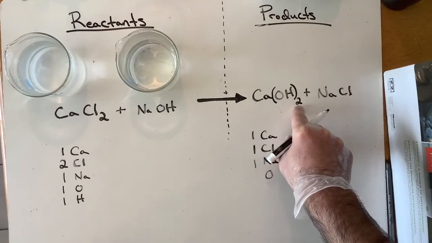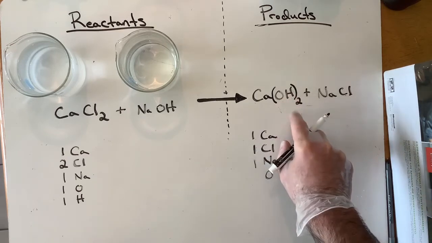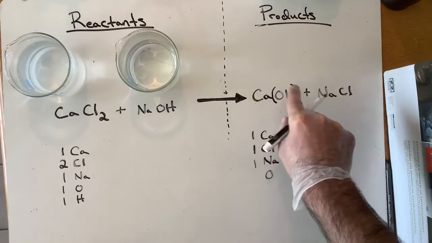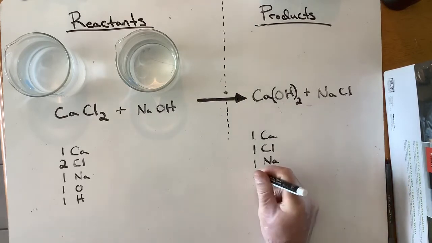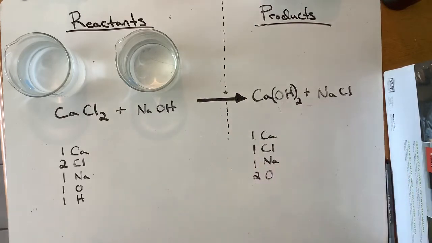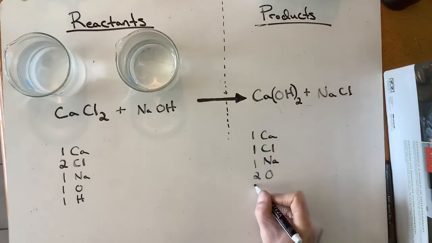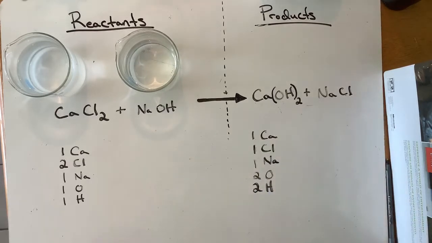This 2 is telling me that I've got 2 oxygen atoms and 2 hydrogen atoms here, because this 2, again, is referring to everything within these parentheses. So I've got 2 oxygen atoms, and that 2 isn't just referring to my oxygen, it's also referring to my hydrogen. So I've got 2 hydrogen atoms as well.